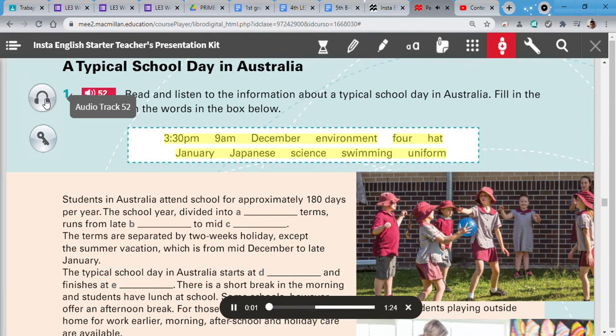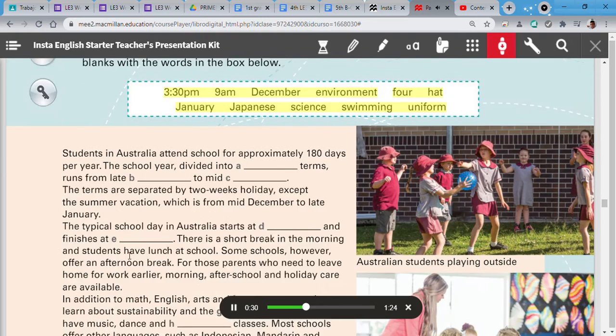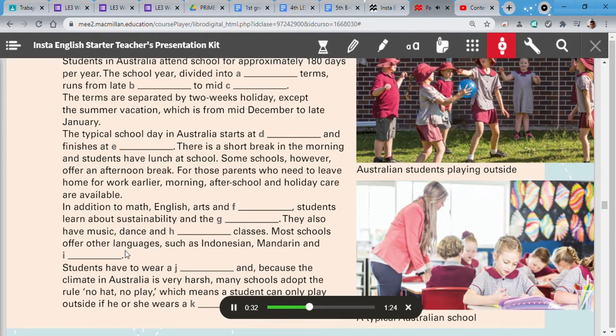Unit 5, Track 52, Activity 1. Students in Australia attend school for approximately 180 days per year. The school year, divided into 4 terms, runs from late January to mid-December. The terms are separated by 2 weeks holiday, except the summer vacation, which is from mid-December to late January. The typical school day in Australia starts at 9 a.m. and finishes at 3:30 p.m. There is a short break in the morning and students have lunch at school.